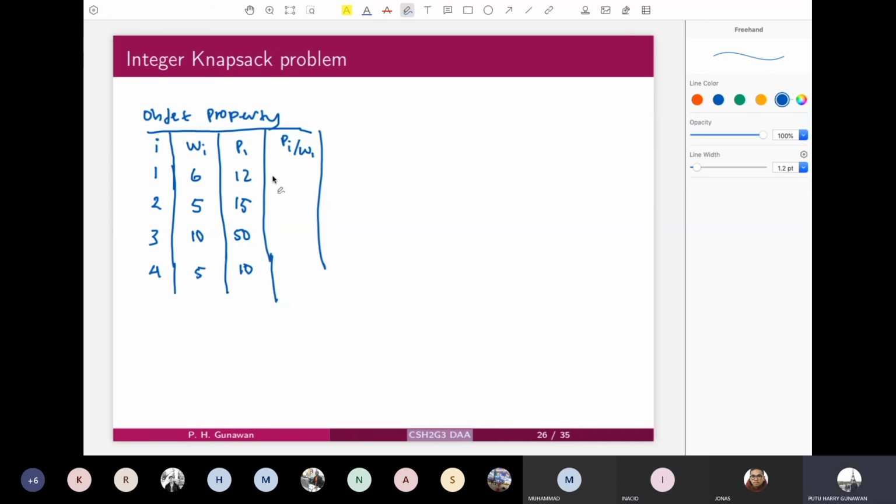How about the density? The density should be 12 over 6 is 2, 3, 1.5, and 2. Any other questions?